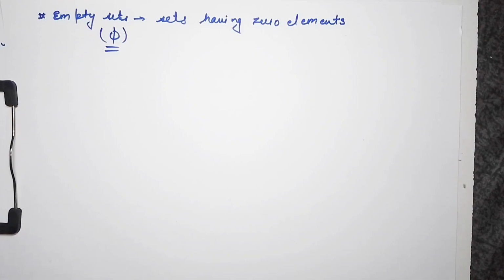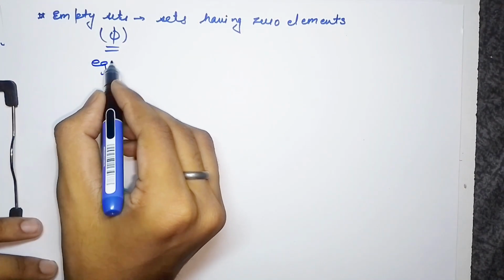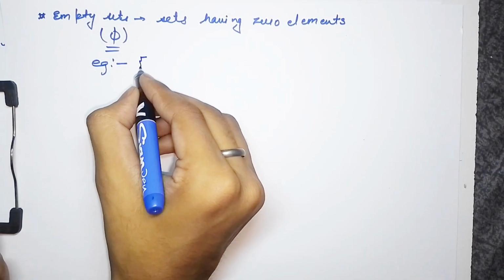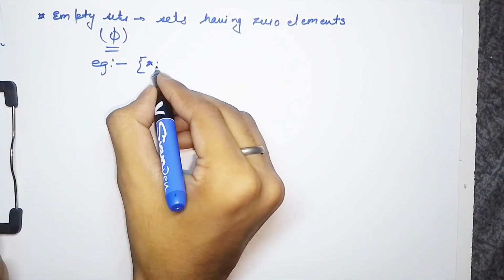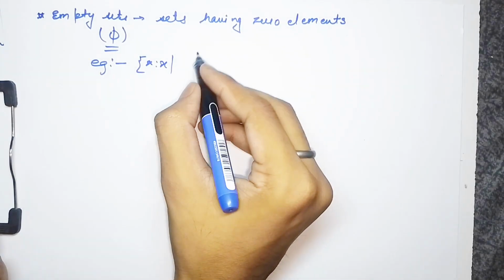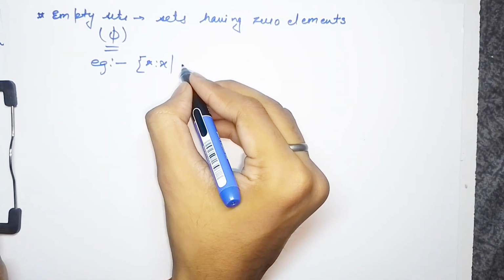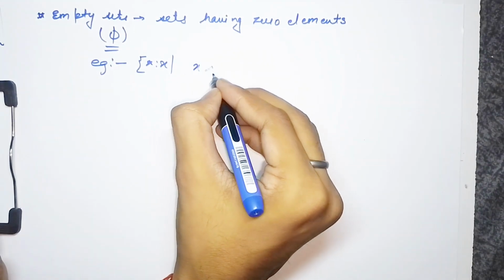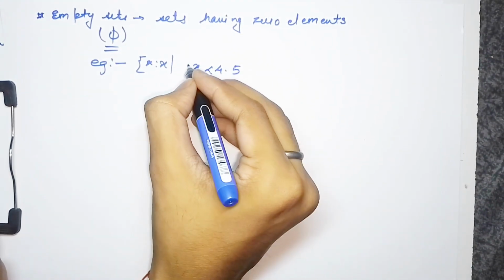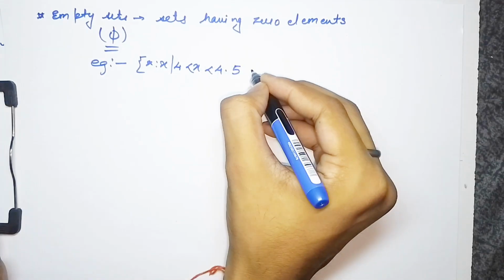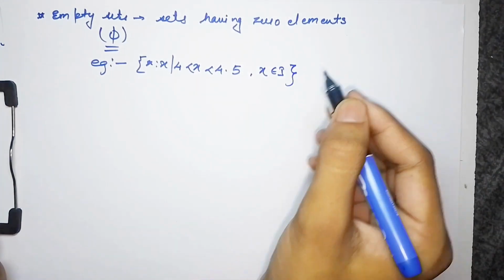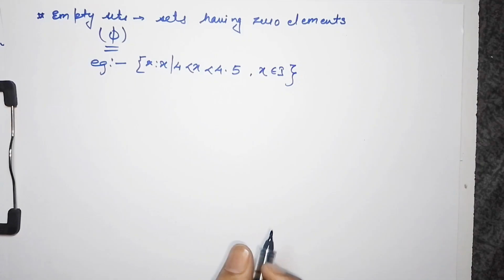Now, pause the video and think for a while of some examples of empty sets. I hope that all of you have thought of some examples. Now let me write: x such that x is smaller than 4.5 and greater than 4 and x belongs to I. I think that this is an empty set.